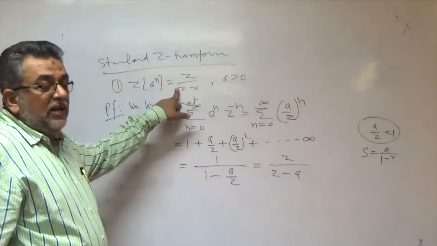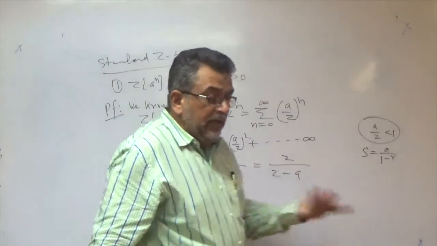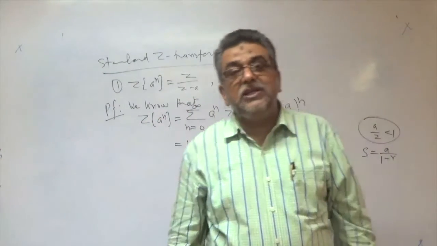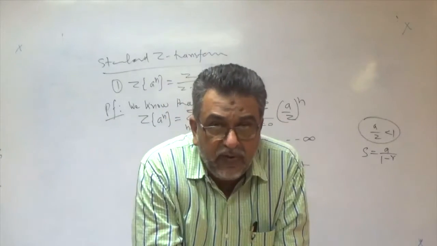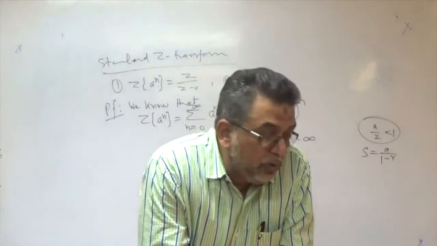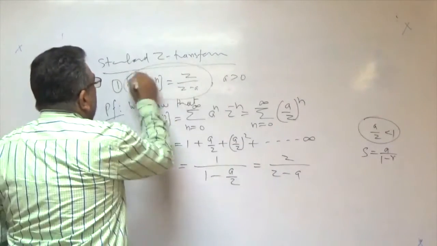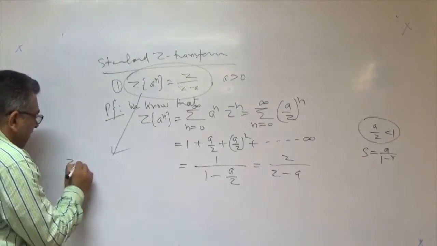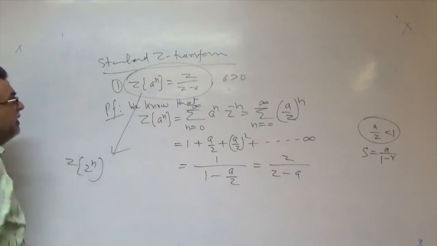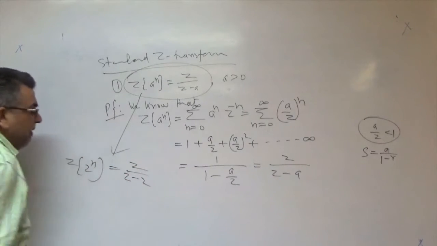That is your standard formula for the z transform of a to power n. Now, in any numerical question, in any sum, if you have to use the z transform of such a sequence, you can use this formula directly, and it can take different forms. Like if we have the sequence 2 to power n, then by this formula the z transform is z upon z minus 2.